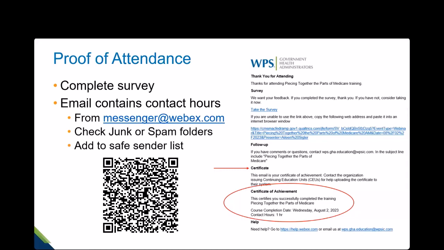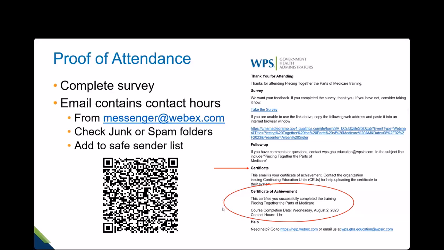The email that you're going to get following this presentation, probably about an hour and a half or so, giving you time to do that survey, will contain what's over on the right-hand side of your screen. It's thank you for attending. However, don't stop reading there. If you go down further in that email, you'll see that it states certificate, and then under that is certificate of achievement.